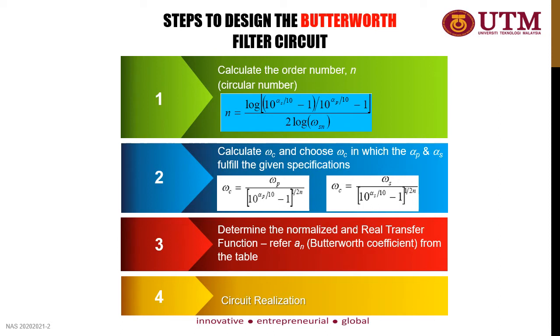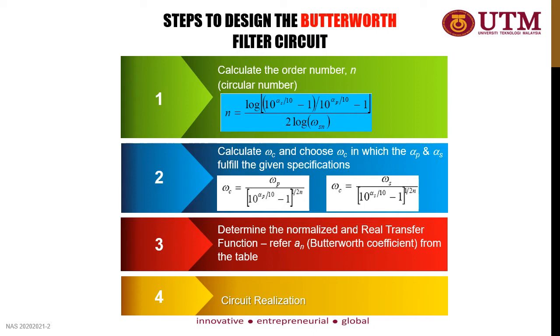So the design process starts with determining the number of filter order. Please make sure you refer to the correct appendix for the Butterworth filter. This is an example of the Butterworth filter equation. The second step, you need to identify omega c, the cutoff frequency. In this case, you need to determine two cutoff frequency values because there are two equations for omega c.